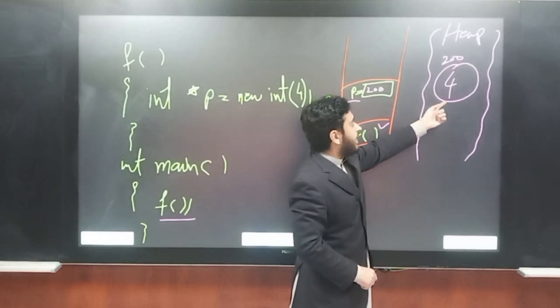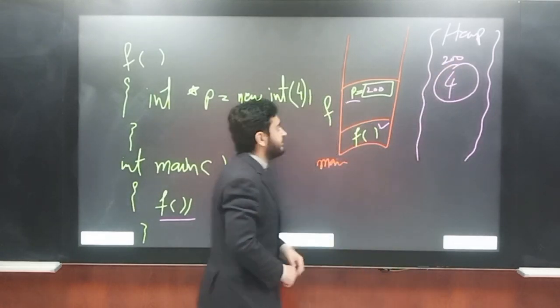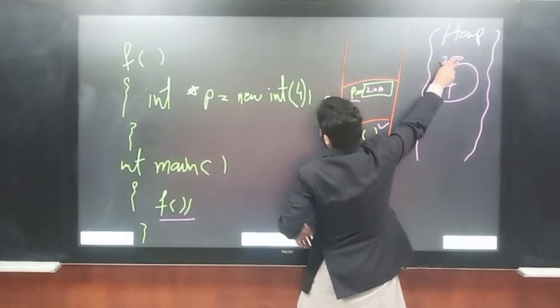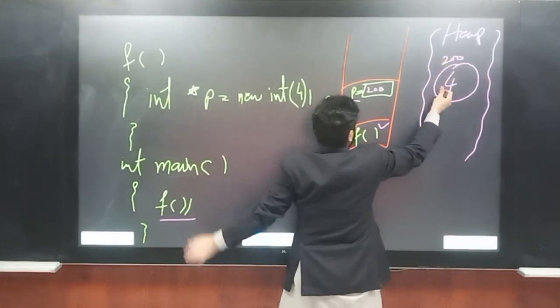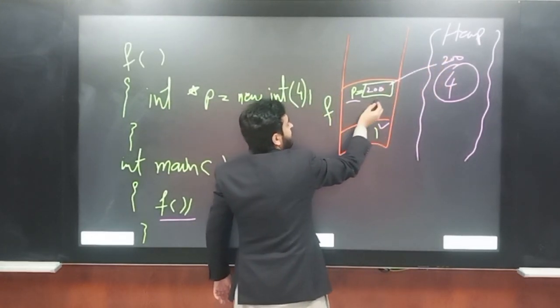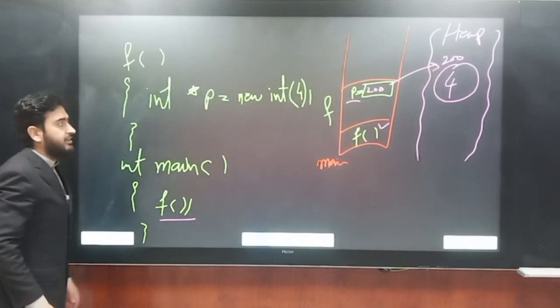So this object has value 4 and the address, for example, 200, in the memory. So this 200 address will be assigned to the pointer. You can see this value has been assigned to the pointer, so now this pointer is actually pointing to the object inside the heap.